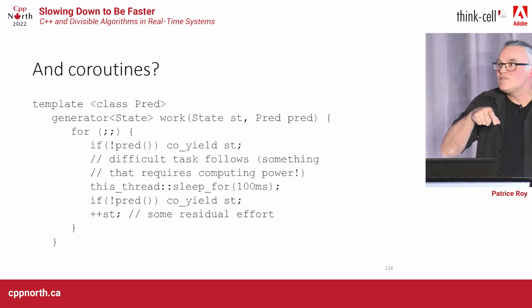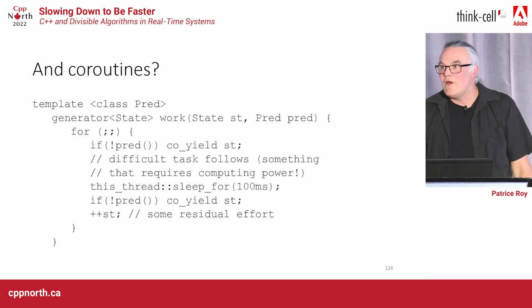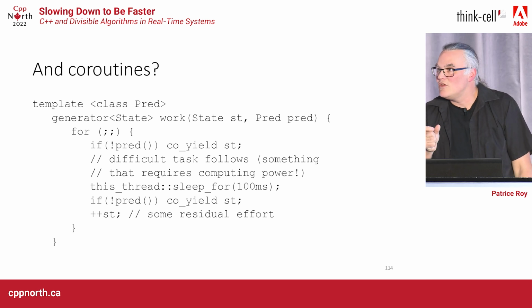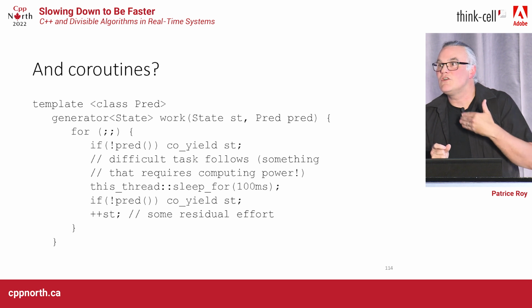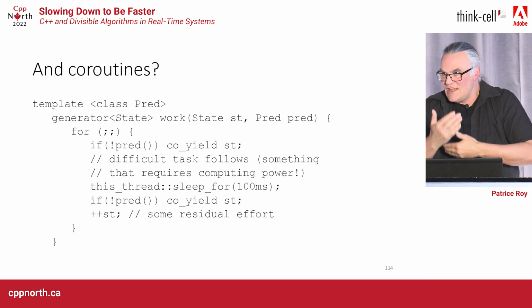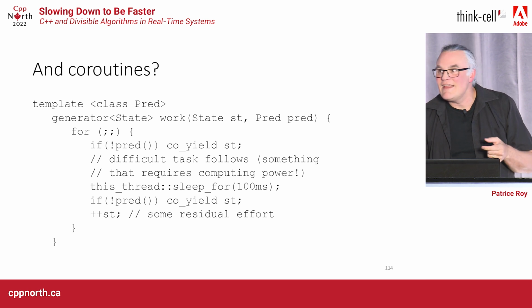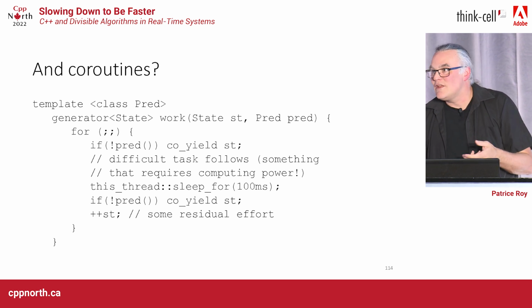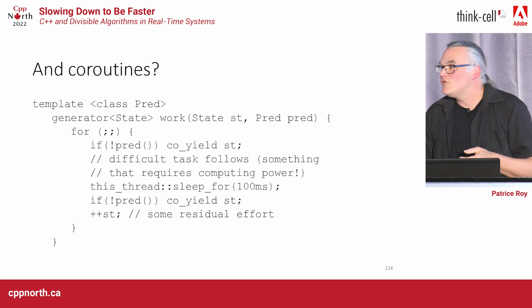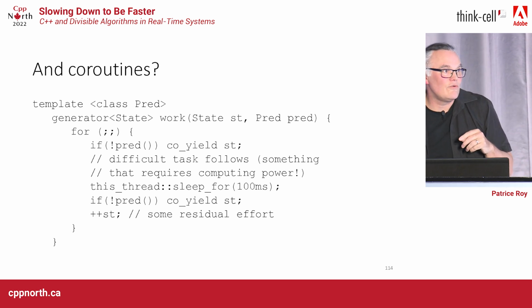So if I want this to work in the context where the time that the pred uses to determine whether we should continue or not changes over time, it means that it has to be something that is stateful and holds information that will change over time, like a reference to the current delay that I have in my hands to do the work.